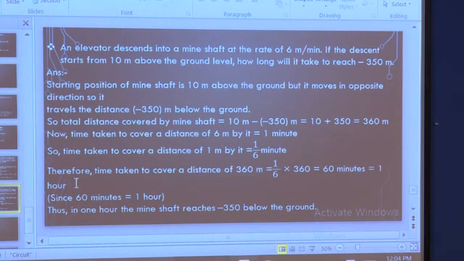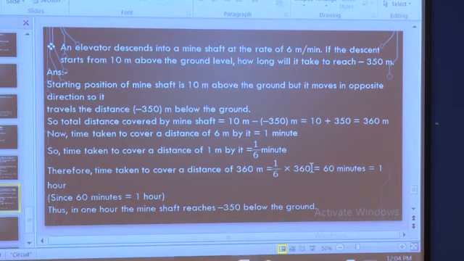So the time taken to cover a distance of 1 meter is written as 1 upon 6 minutes. Therefore, the time taken to cover a distance of 360 meters is equal to 1 upon 6 into 360.